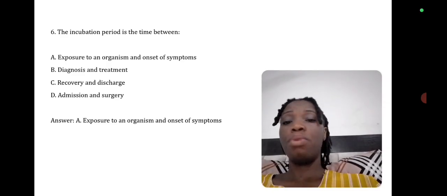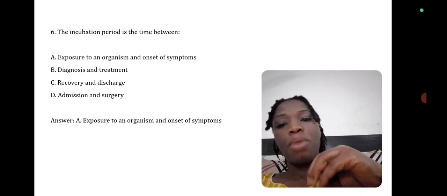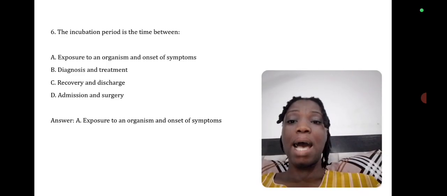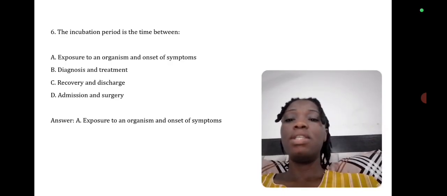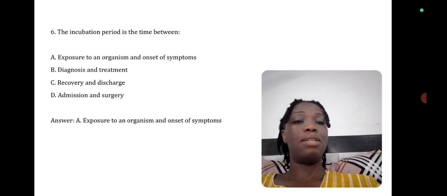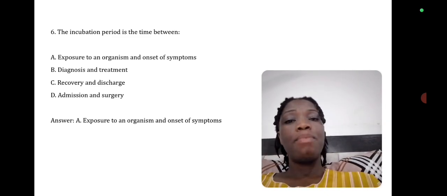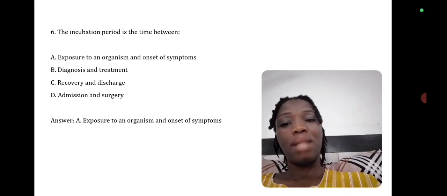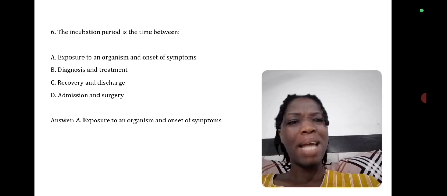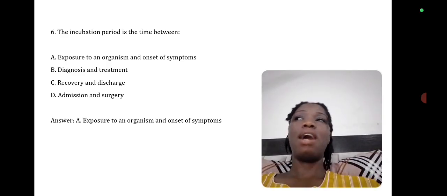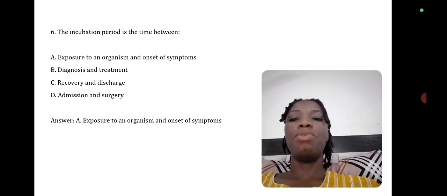For example, the incubation period for malaria is 3 to 7 days. When you come in contact with a mosquito that has plasmodium, the organism that causes malaria, and mosquitoes are the ones that carry it around, from the first day that mosquito bites you till the day you start having fever, etc., is the incubation period.